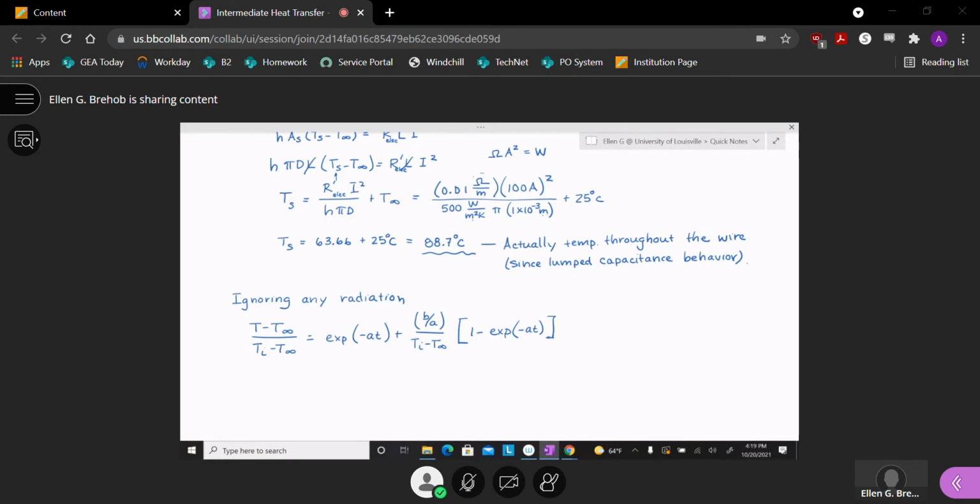So now I've got a little bit of a question, but this is equation 5.25. Okay, and I'm thinking it's a rearranged version. I had a rearranged version earlier.